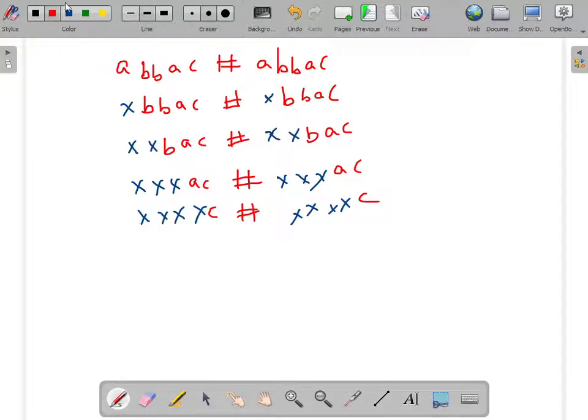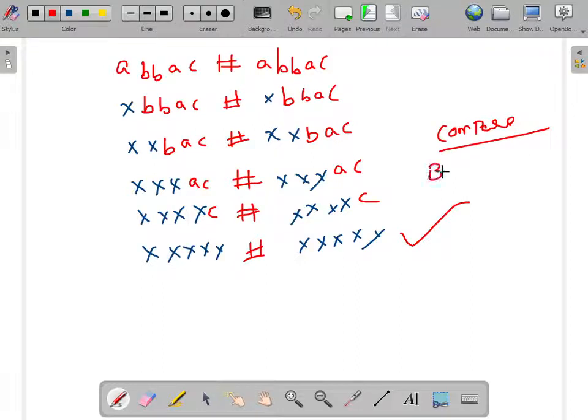And in the last step, all are X. What does it mean, all are X? That means all are the same. The comparison is 100%. So we can see that both strings are the same. But what is the problem here?